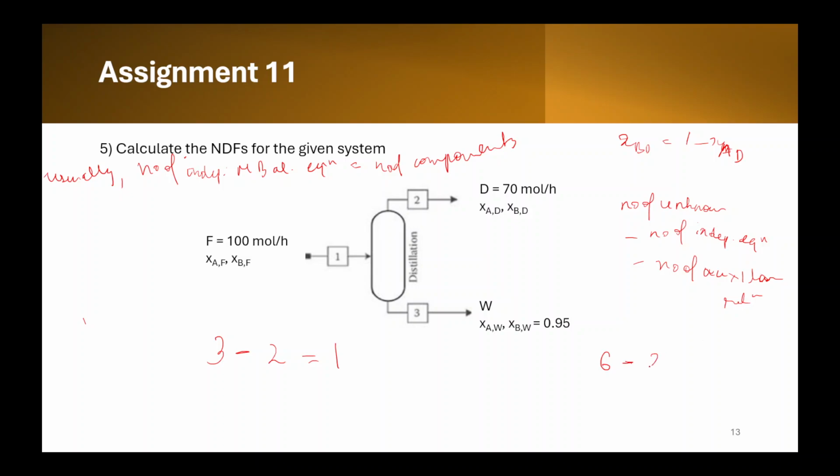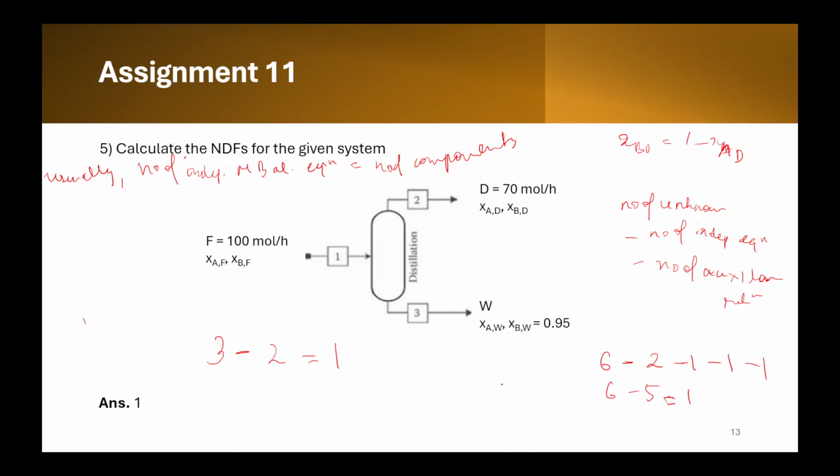Again, the independent material balance equations will be 2 only. But you can also consider these relations as auxiliary relations. So for XBF, it will be 1 minus XF. So 1 minus 1, another from here minus 1, and another from here minus 1. So it will be 6 minus 5, again 1. So the number of degrees of freedom for this system is 1.